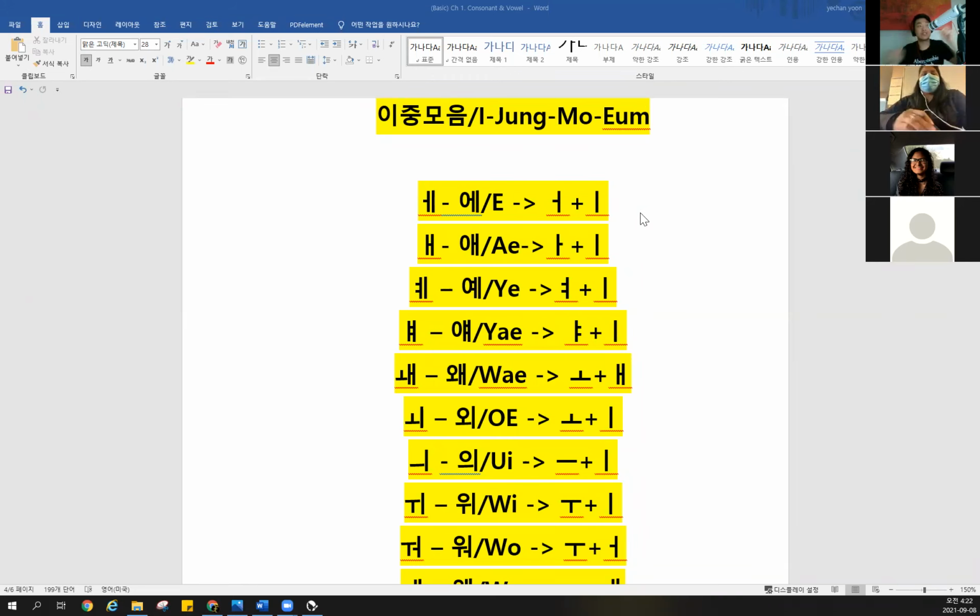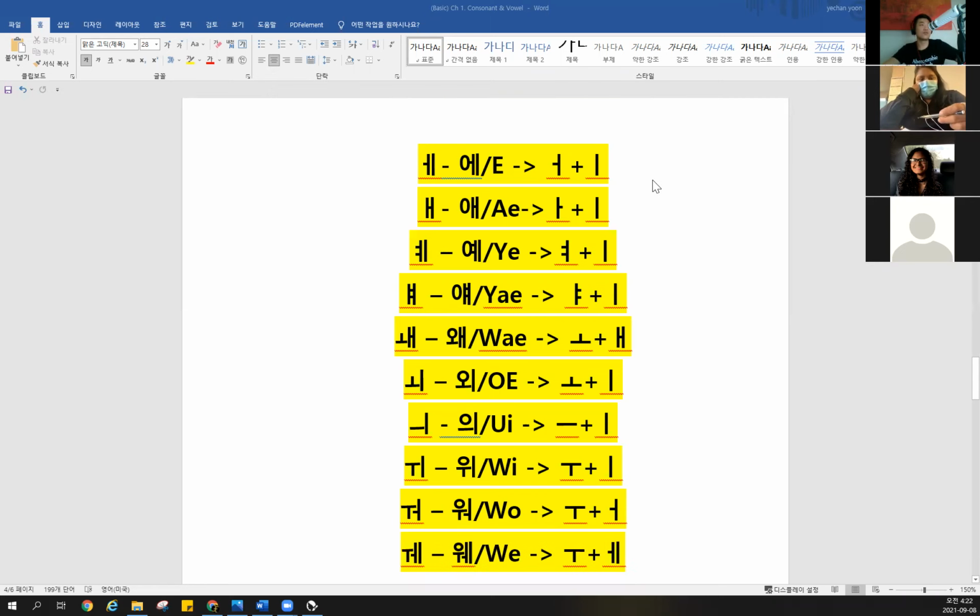If we add them together, it can be 이중모음. For now, some 이중모음 have the same pronunciation, but the writing is different. But we don't know how to compare them yet.